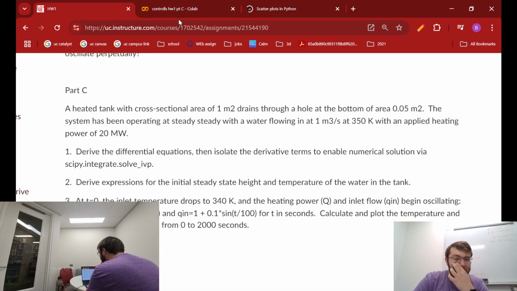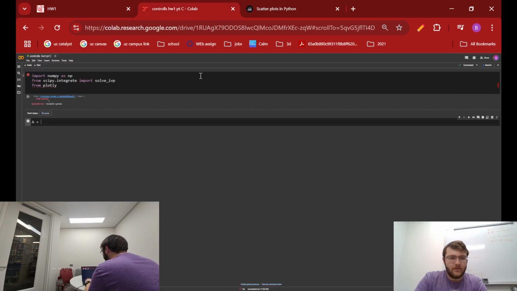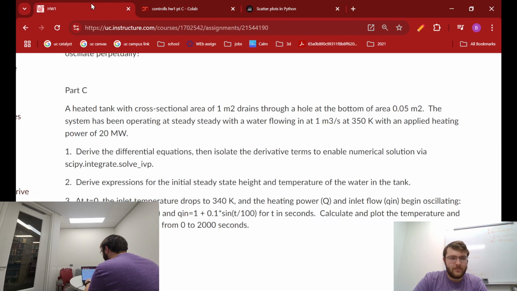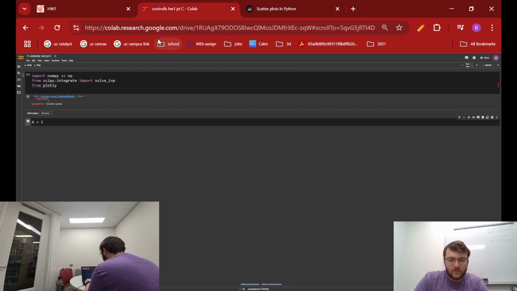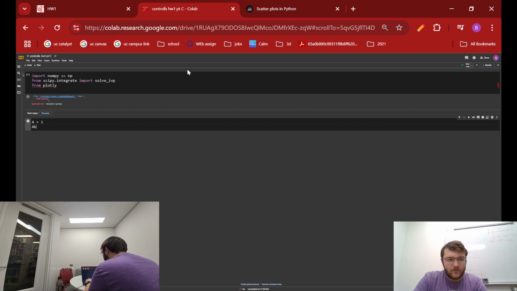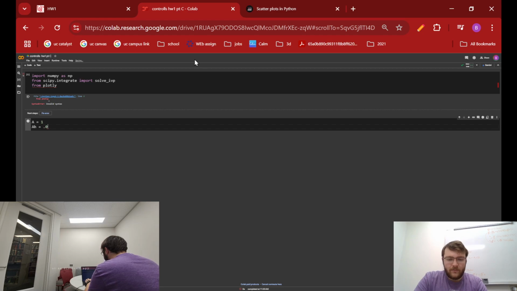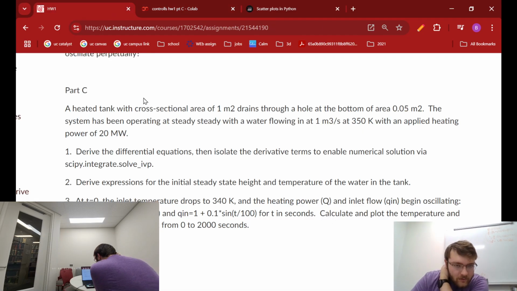But then we need all of our things that we have. So we have a cross-sectional area, I know it's bad, 1. We have a bottom hole area of 0.05, both in meters squared.